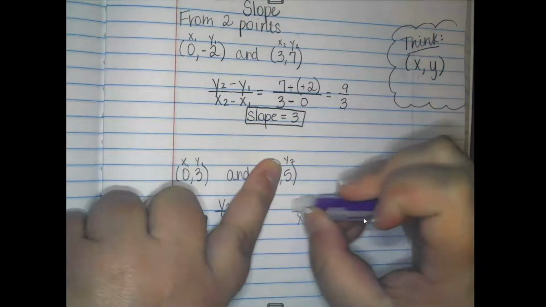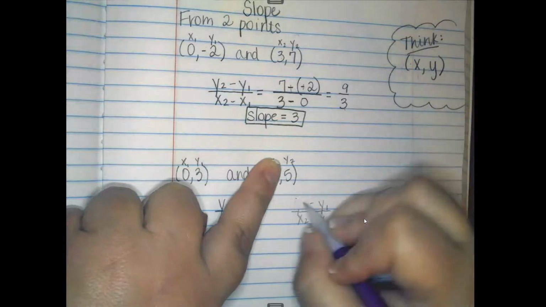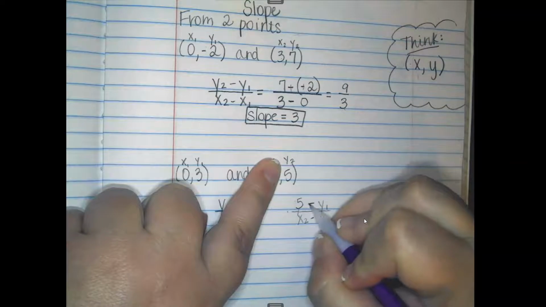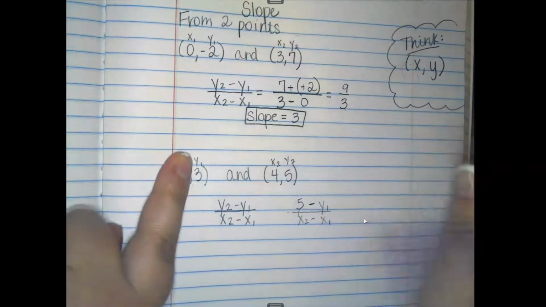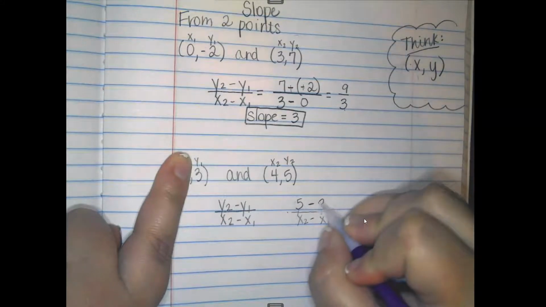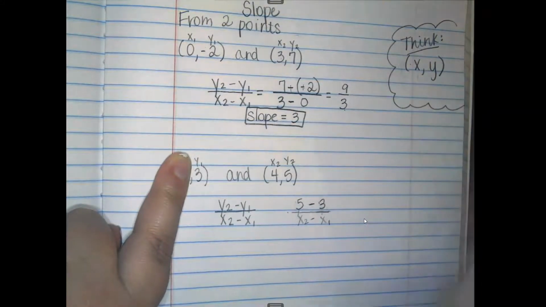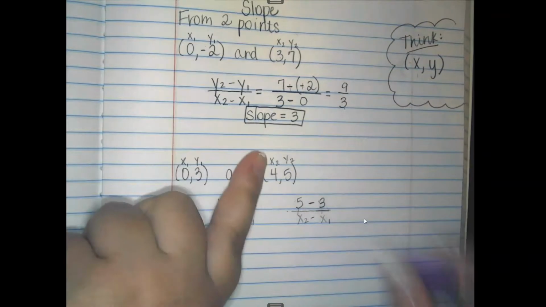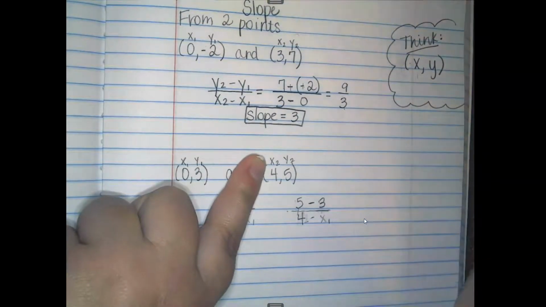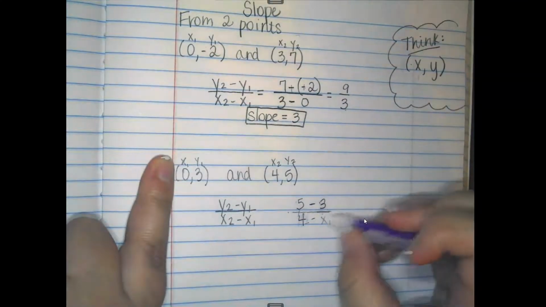Okay, so my y2 point was a 5. So I'm going to erase that y2 and put a 5. Have my subtraction. Then I'm going to go to my y1, which is a 3. So I'm going to erase my y1 and put a 3. Then I have an x2, which is 4. So I'm going to erase that x2 and put a 4. And an x1, which is 0.